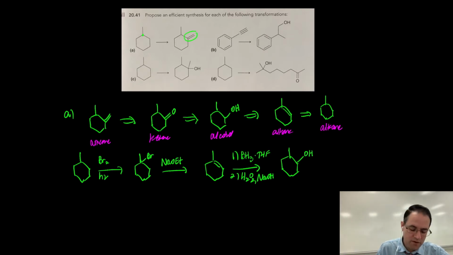It's not really important for this problem. So now I've got my alcohol. Now how do I make a ketone from this? I can add PCC or the Jones reagent. The Jones reagent is sodium dichromate, sulfuric acid, water, acetone, all that stuff. Or just write Jones if you're in my class. And that will make our ketone.